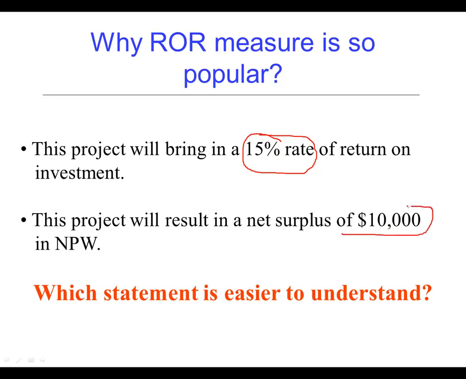When I give you just a net surplus of 10,000 for the present worth, that will not mean anything to me for one reason. When I say net surplus of 10,000 out of an investment, for example, of $100, that will be considered a big rate of return and a great investment to turn $100 into 10,000.